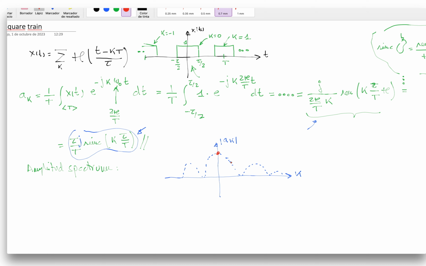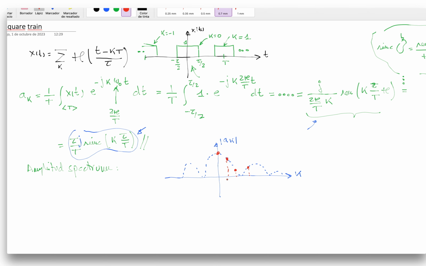For k equal to 1, I would have another value, let's say over here. For k equal to 2, I may have another value here, and so on. So the real values, the values of the coefficients a sub k, are points on the envelope.